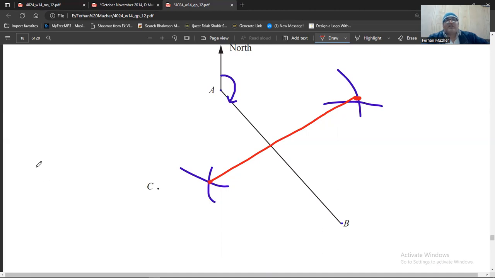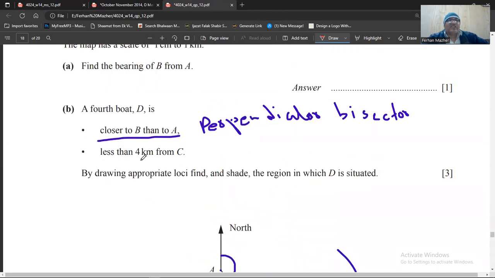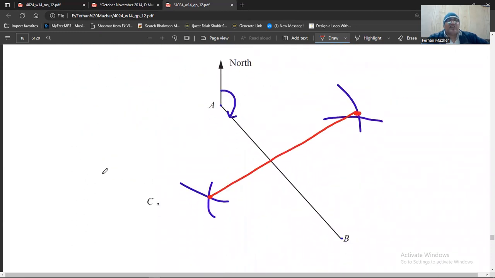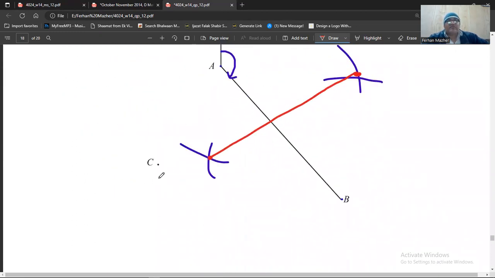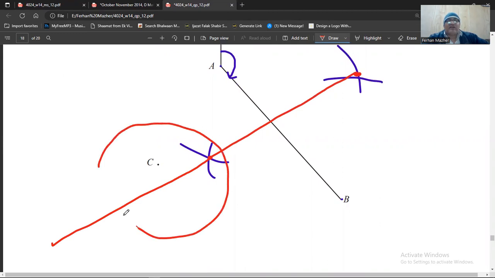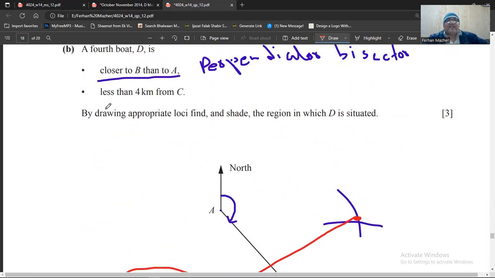And this is the perpendicular bisector, okay? And then their question is less than 4 kilometers from C. You open your compass 4 centimeters and you draw a circle around C.